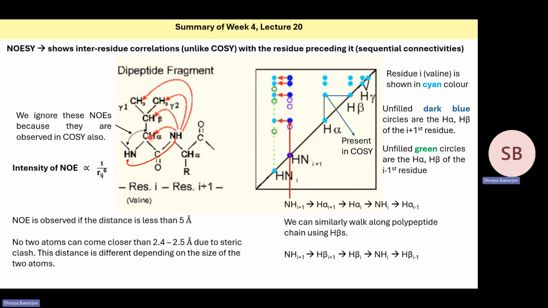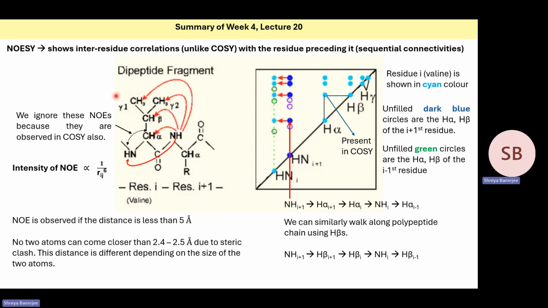Alpha and NH of the same amino acid are close in space, so they will show an NOE. NH will also show NOEs with beta and with the two gammas. These red lines are all the NOEs that will be seen. And more importantly, the NH of one amino acid will show NOE with the NH of the previous amino acid.